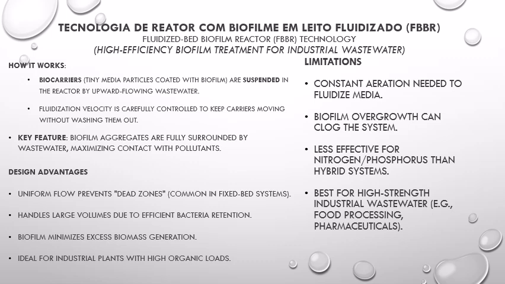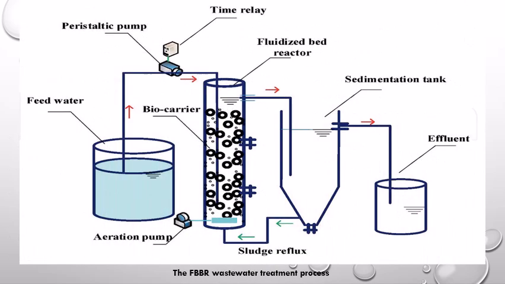It's less effective for nitrogen and phosphorus than hybrid systems, and it's best for high-strength industrial wastewater like food processing and pharmaceuticals. And here is an example of a fluidized bed bioreactor. An upward flow, like we pointed out, keeps carriers constantly in motion.